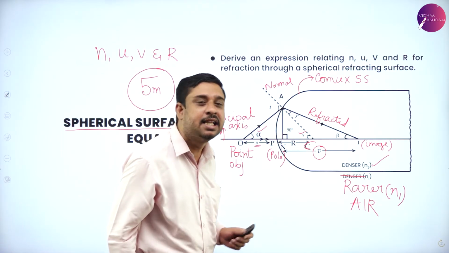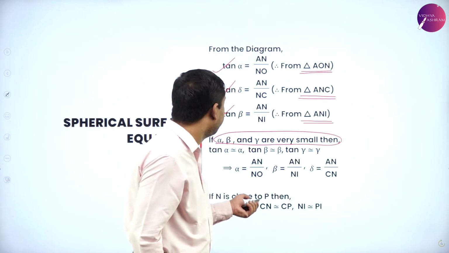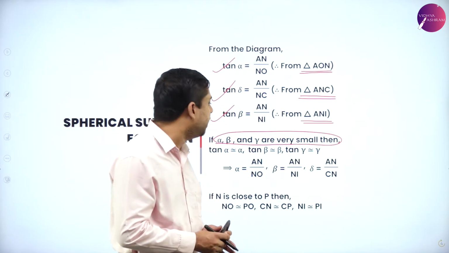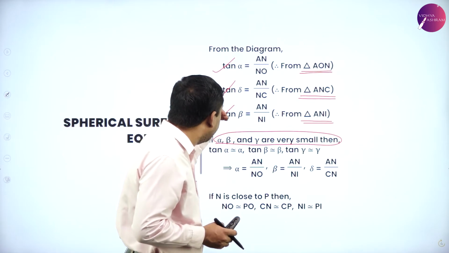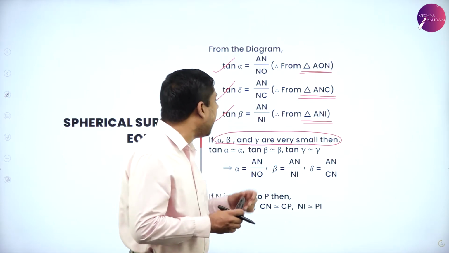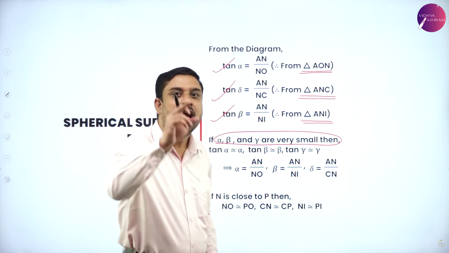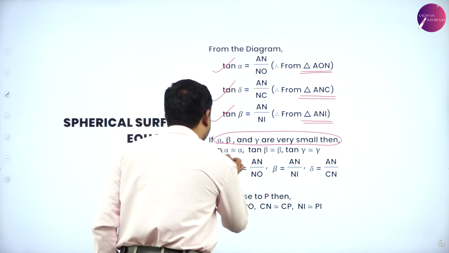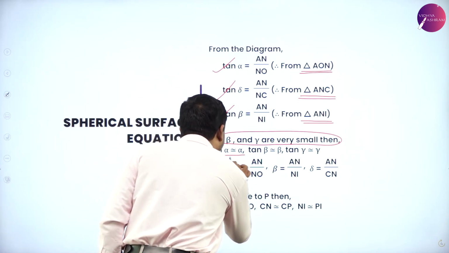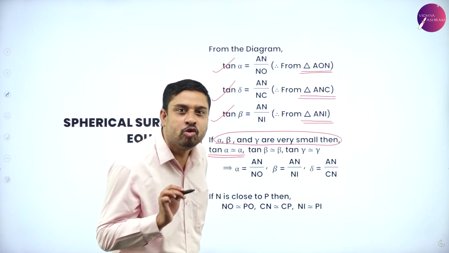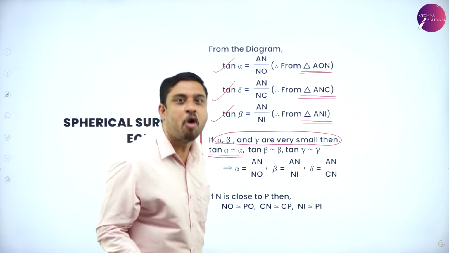Least angles, we call them. If you consider alpha, beta, and gamma to be small, always remember tan alpha reduces to alpha only.